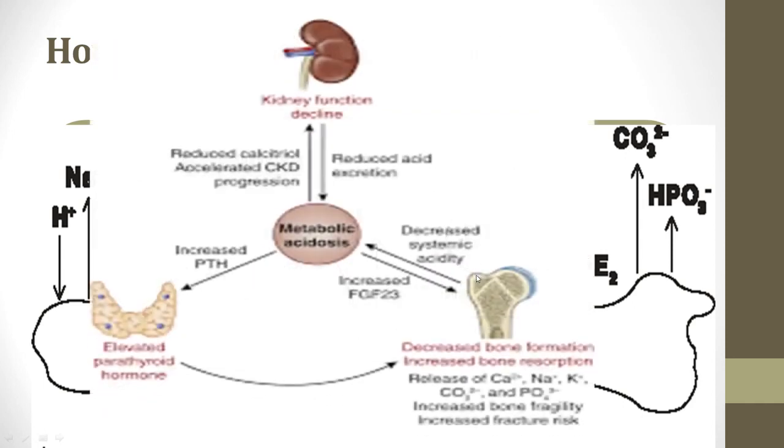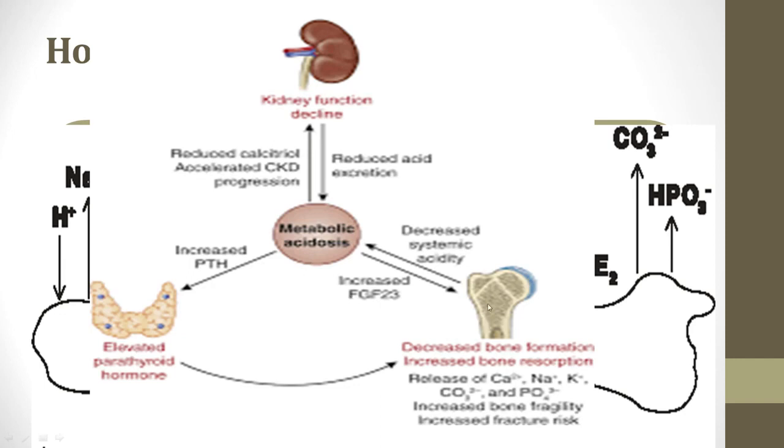So in this picture again, I've shown that in kidney failure, there's a metabolic acidosis, a reduced acid excretion, and how this is reflected in different organs of the body, like PTH is elevated.